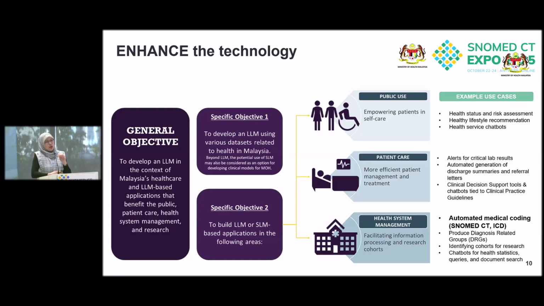The first objective is to develop that large language model containing various data sets related to health in Malaysia, and the second objective is to build applications using that LLM. So the project is slated for 3 years. The first 1 year is to build that LLM first, right?